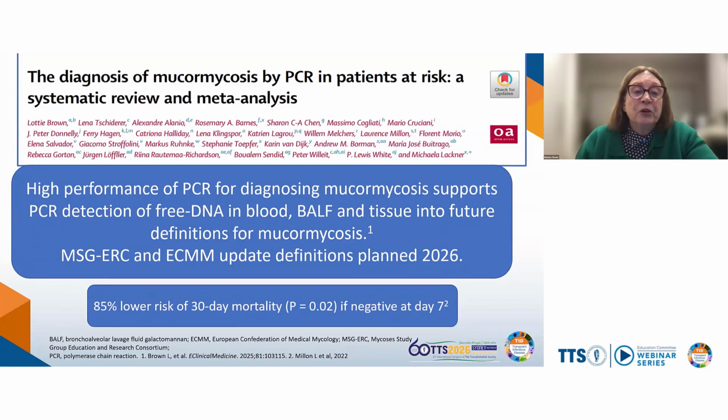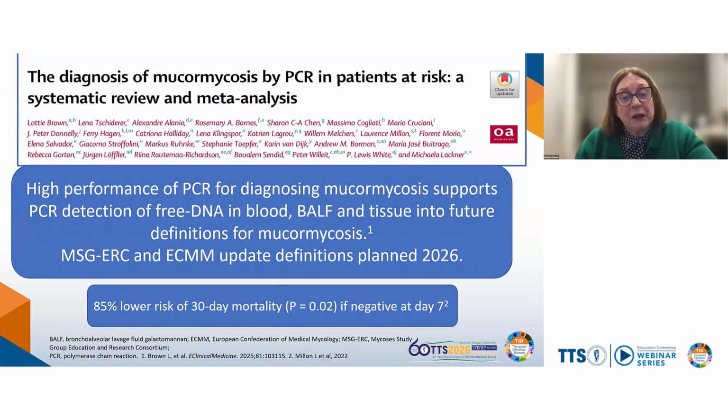Next slide, please. However, the mucorales PCR has become much more widely used in Europe and in some centres in the US as well. This recent systematic review and meta-analysis of about 30 studies looking at mucorales PCR did show that it performed very well in diagnosing mucormycosis, particularly in blood, BAL fluid, and tissue.